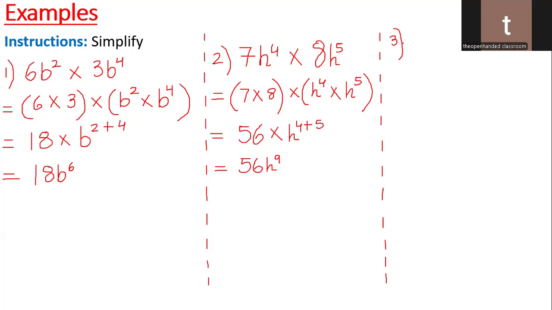Okay, let's do number 3, right? So let's say number 3, we could do double digits, right? Hopefully you're not afraid of double digit numbers. So let's say we have 12. And you know what letter I haven't used yet? Let's use X. So this is X to the power of 5 multiplied by 5 and X to the power of, say, 2.